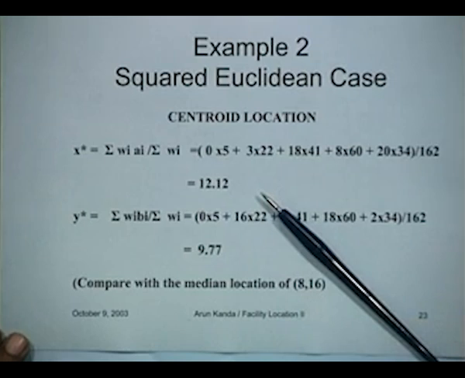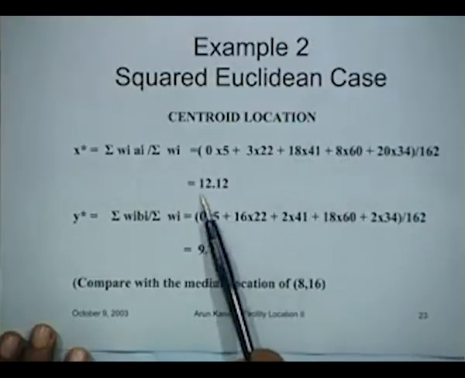I was just trying to tell you, if you are still not very clear about when you should use the squared Euclidean case, suppose a set of 5-6 friends are celebrating a bonfire in winter. Imagine this situation, and they are standing or sitting at certain locations around the bonfire.